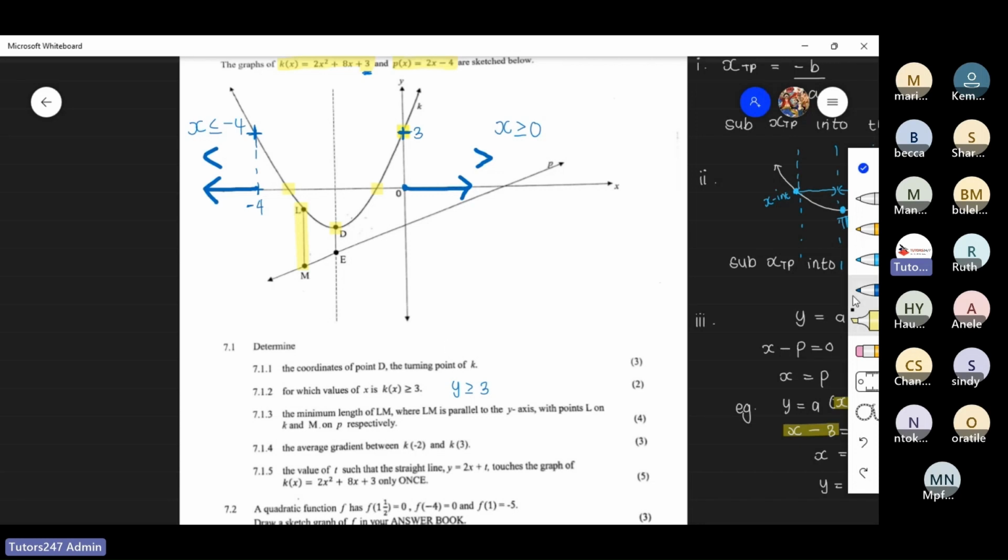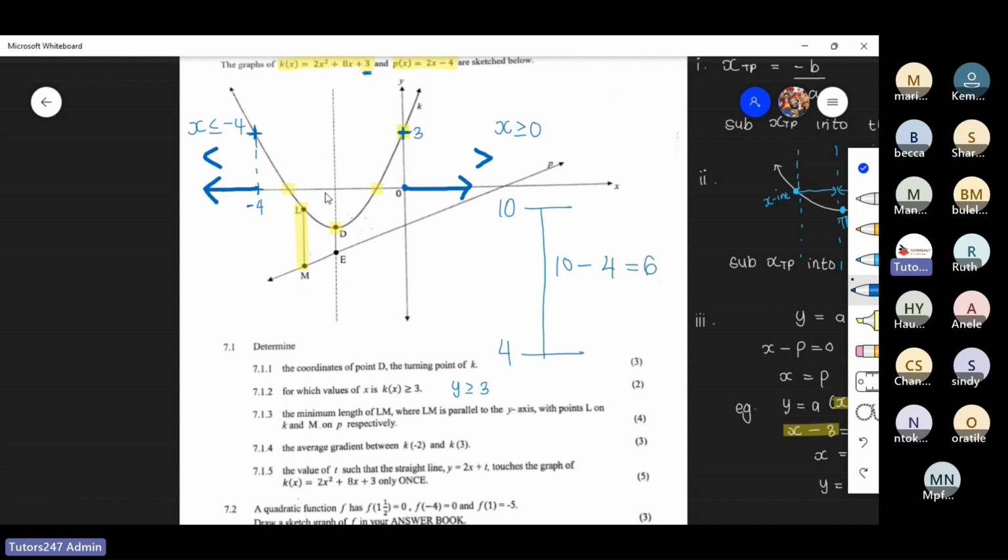I'll do an example with you. So if this is your line, let's say this is 10 and this is 4. If you want to find the length of this line, the vertical length, all you do is the top minus the bottom, and it gives you 6. So we now know that the length of this line is 6 units.